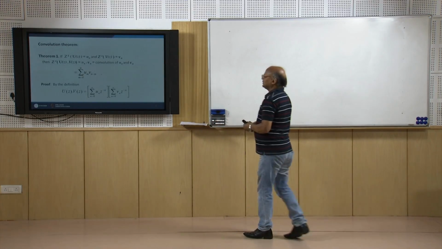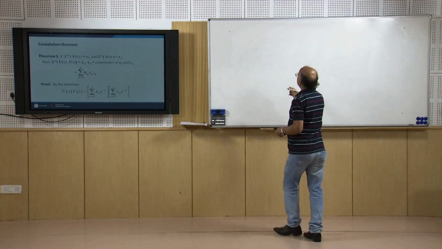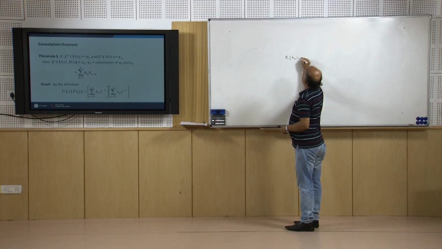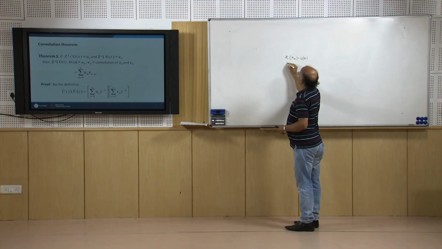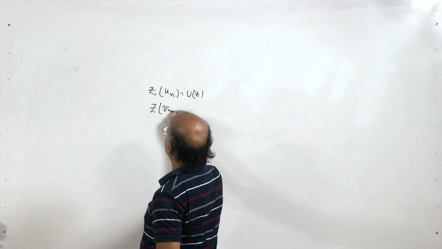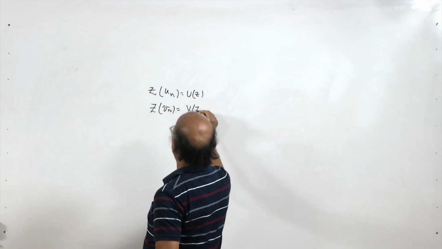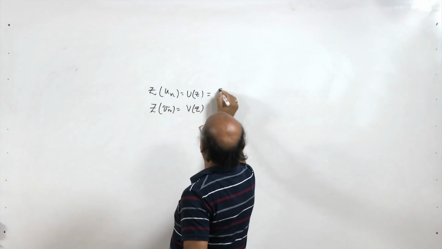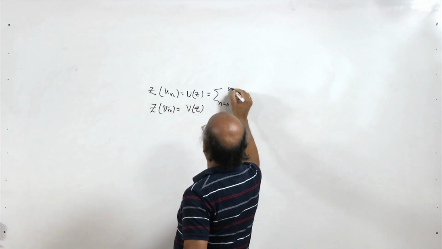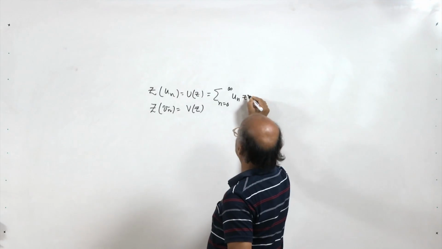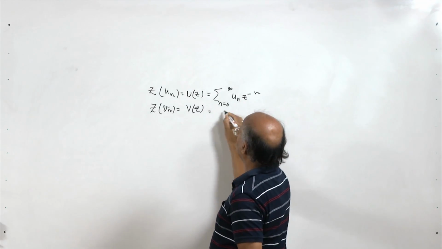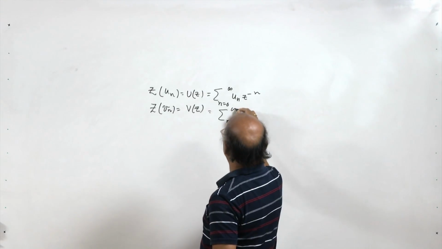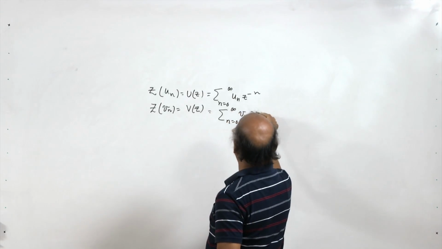Since U(z) is the Z transform of the sequence u_n, and the Z transform of the sequence v_n we are given as V(z), we can see that U(z) is equal to sigma n equal to 0 to infinity u_n z to the power minus n, and V(z) is sigma n equal to 0 to infinity v_n z to the power minus n.